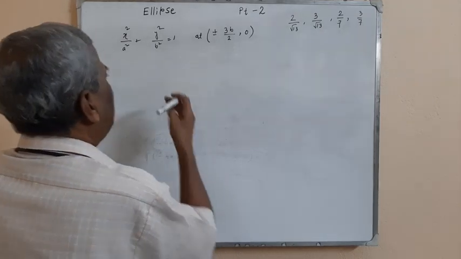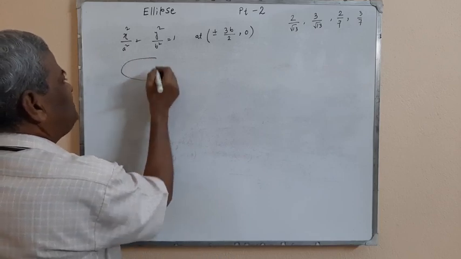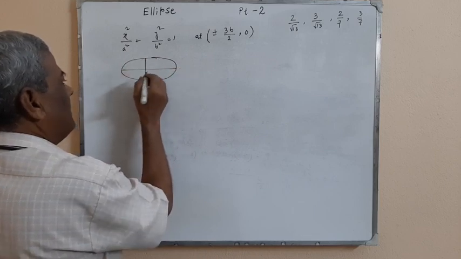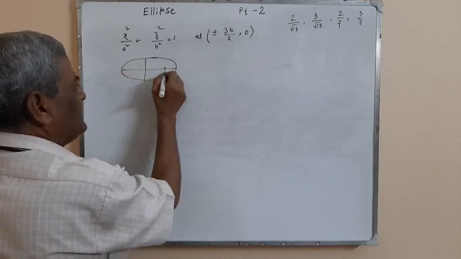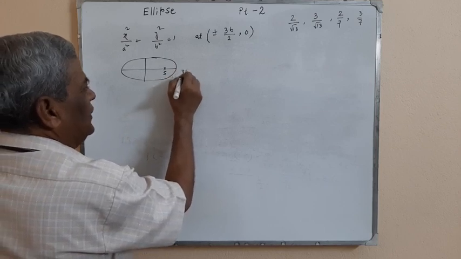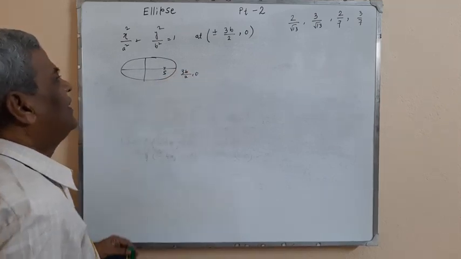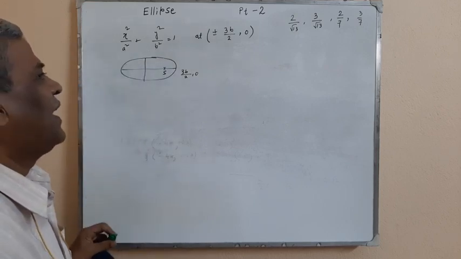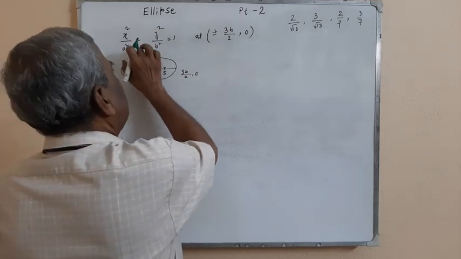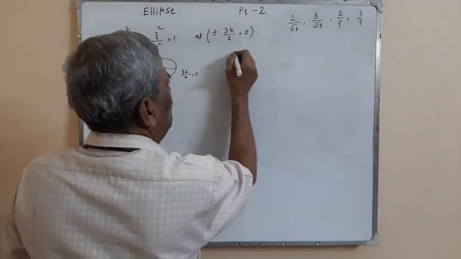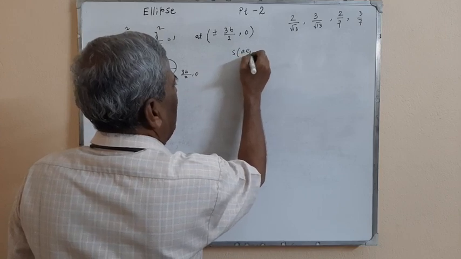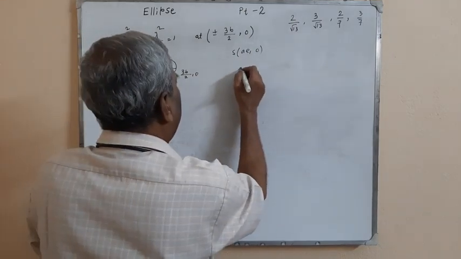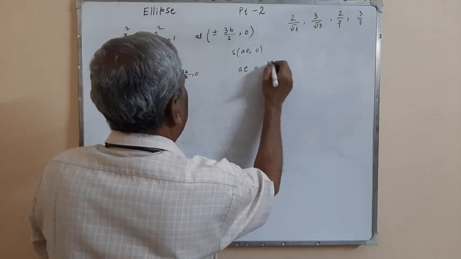So the equation is of that type. One focus S is at 3b by 2 comma 0. So it is clear that A is greater than B. Therefore, in that standard equation, coordinate of focus is AE comma 0. So we can take AE is equal to 3b by 2.